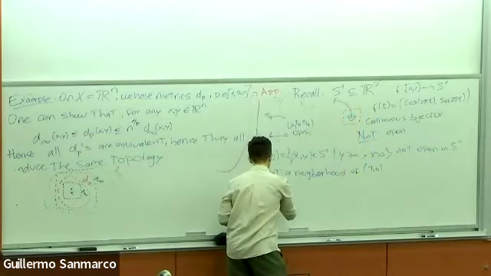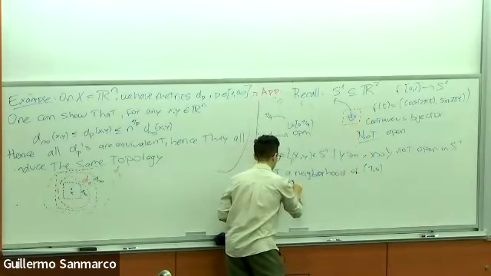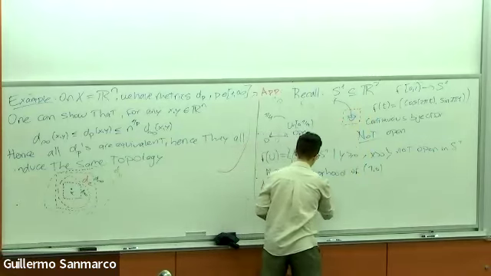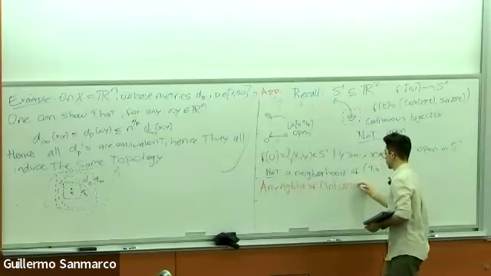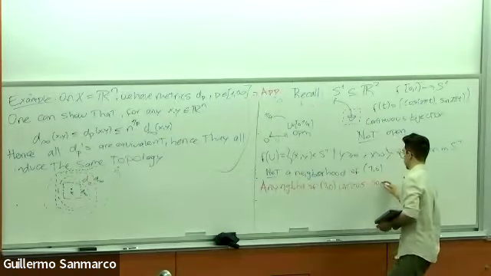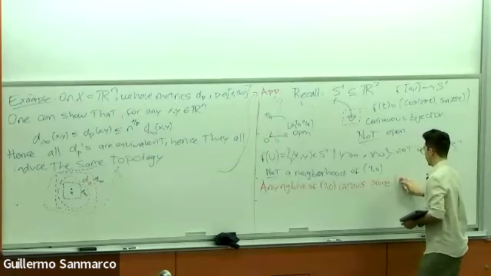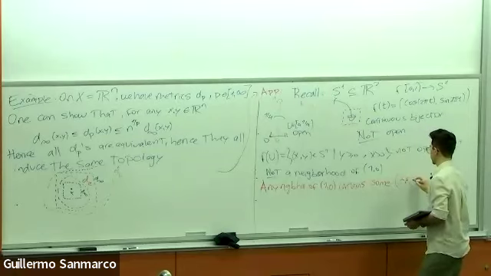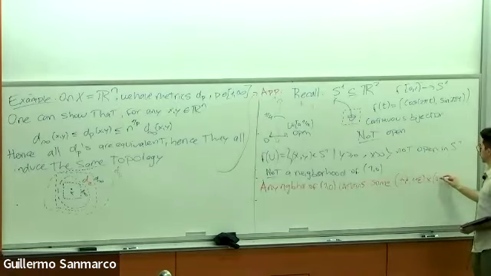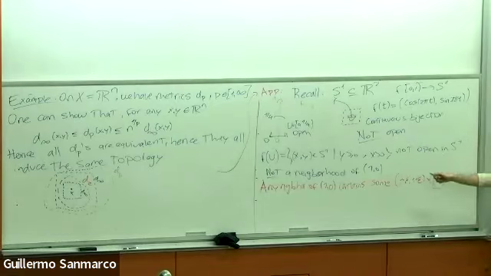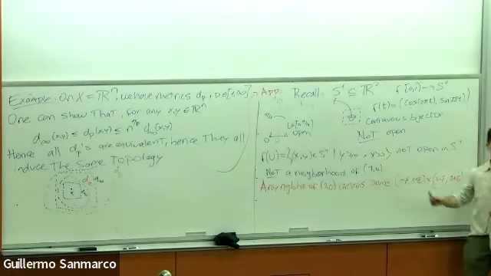Any neighborhood of 1, 0 contains something like 1 minus epsilon, 1 plus epsilon, times 0 minus epsilon, 0 plus epsilon. And this is problematic, it has negative values, and that's not the case here.